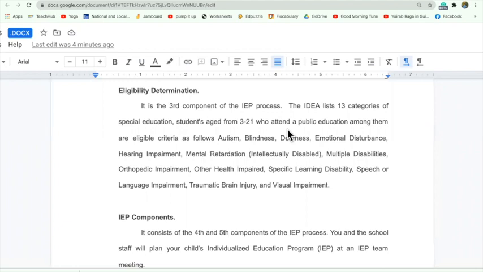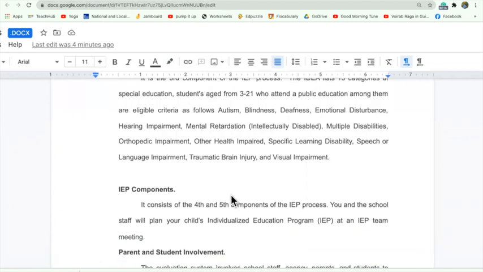Among them are the eligibility criteria as follows: autism, blindness, deafness, emotional disturbance, hearing impairment, mental retardation, intellectually disabled, multiple disabilities, orthopedic impairment, other health impaired, specific learning disability, speech or language impairment, traumatic brain injury, and visual impairment.